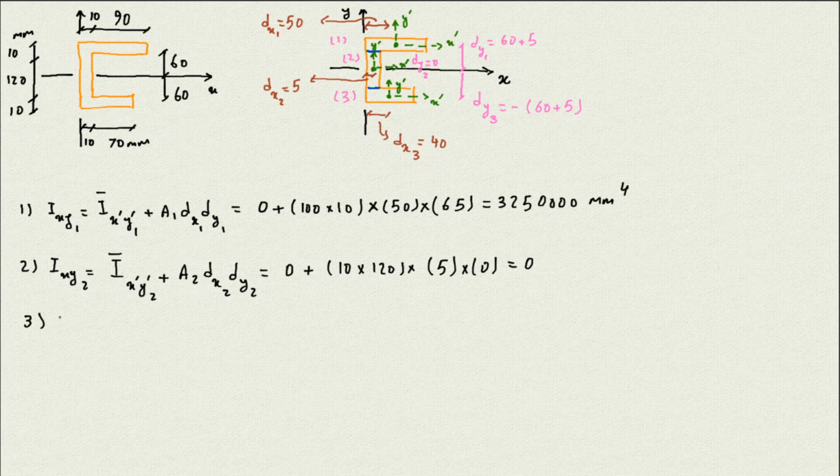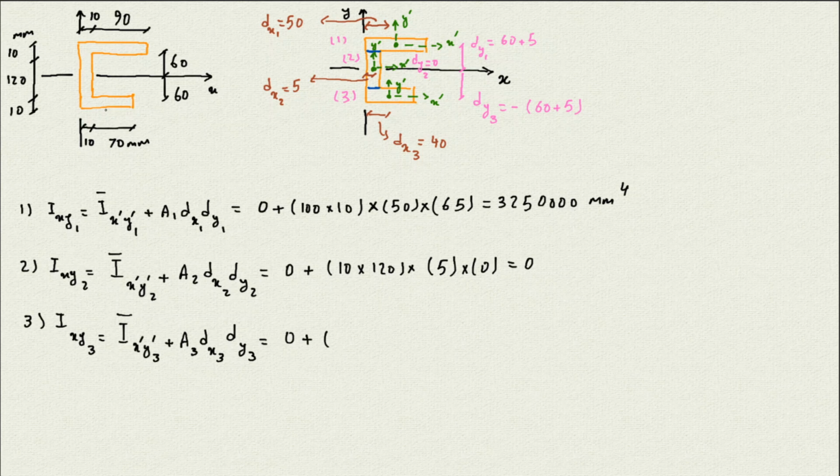And then for the third one, it's similar: Ixy for the third one is the product of inertia about its axis through its centroid plus its area times the distance between those axes. Again, the x prime and y prime for the third one are symmetry axes, so the product of inertia is 0.